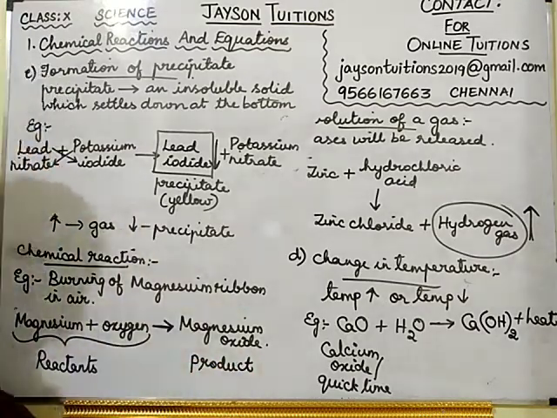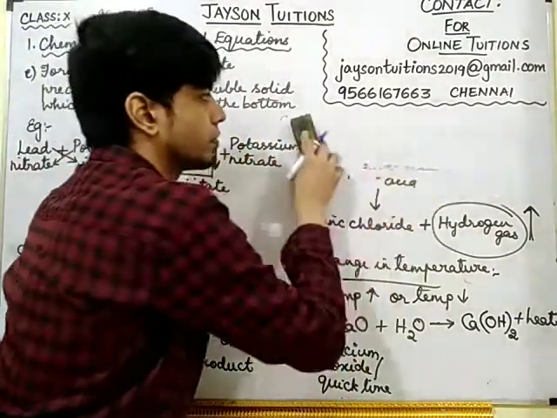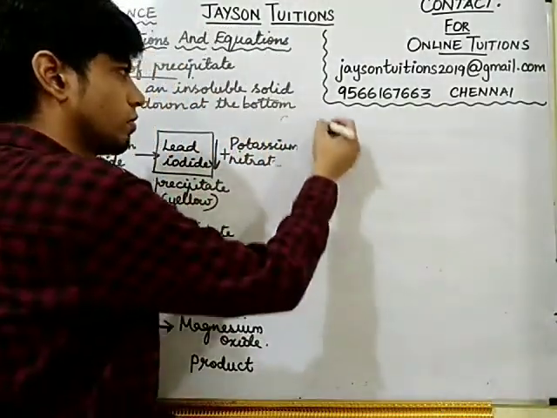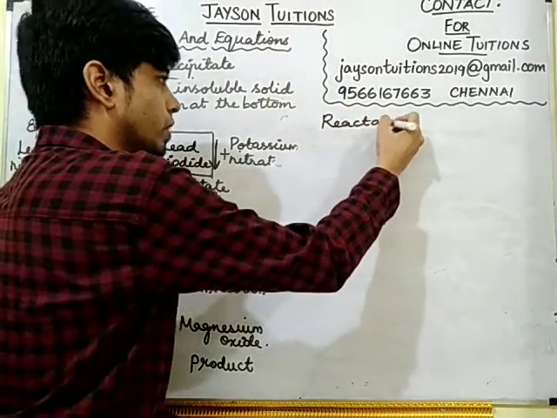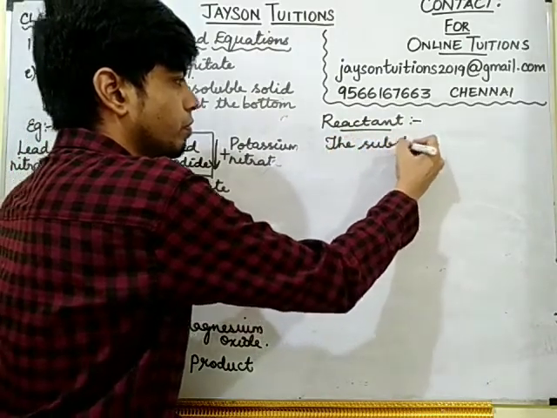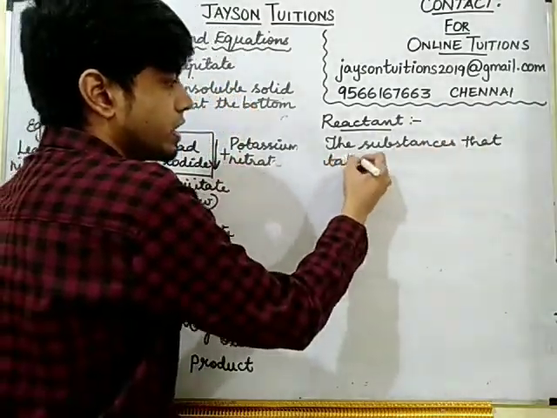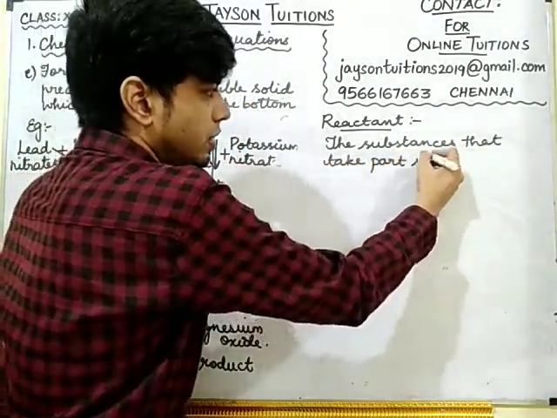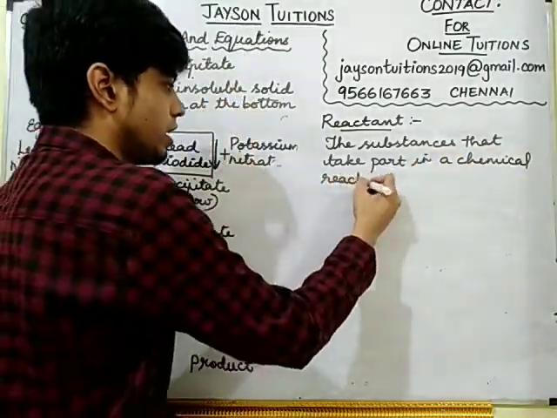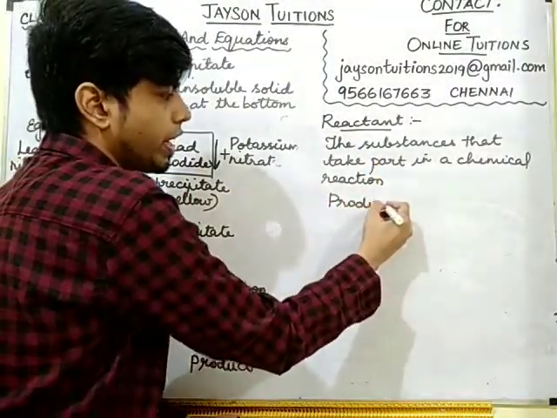So what is meant by reactant and product? Reactant means the substances that take part in a chemical reaction. The substances that take part in a chemical reaction are called reactants. And what do you mean by products?